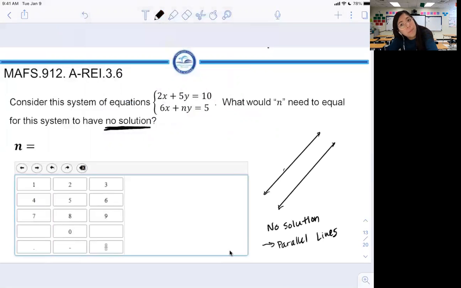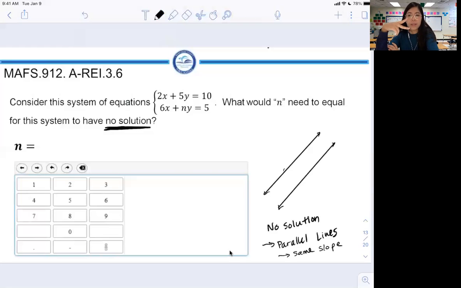And this is where your geometry knowledge will actually come in handy, because we know that parallel lines have to have the same slope. So we need to figure out what the slope of the top equation is, and what n would have to be in order for the second equation to have the same slope as well.